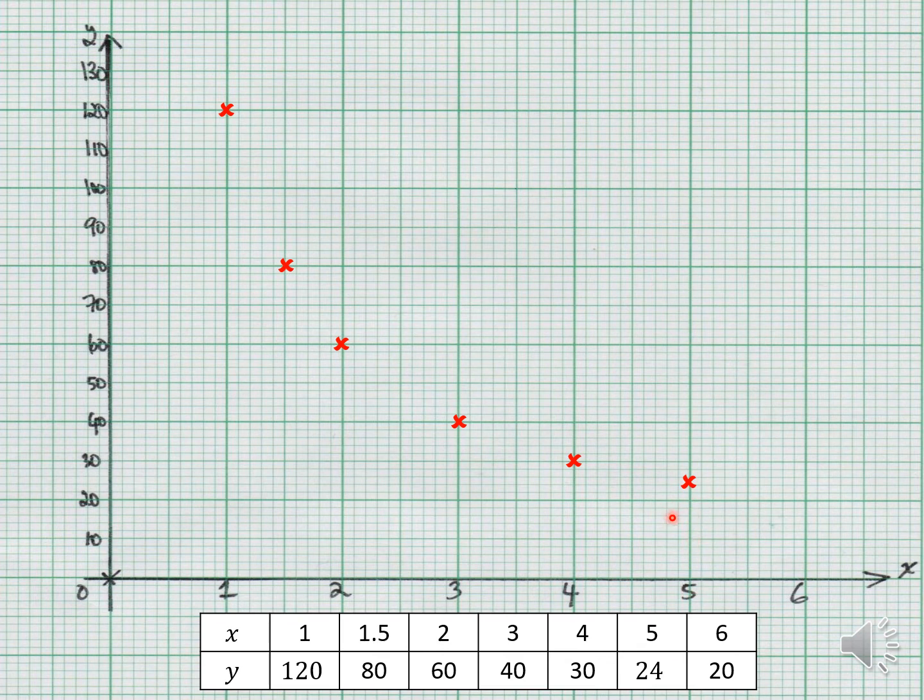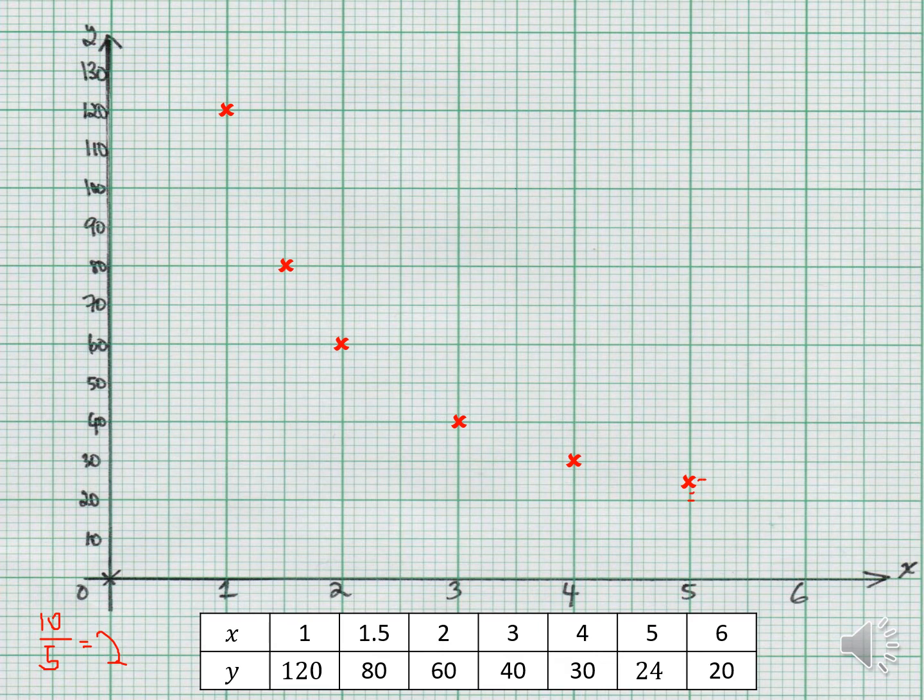So you need to be a little sure about your scale. Remember, here you have 5 little squares in between 0 and 10. When you have 5 little squares in between 0 and 10, it's 10 divided by 5, so each little square means you're dealing with 2 units. So for 24, for example, you get where your 20 is, and then you have 22, and then you have 24.